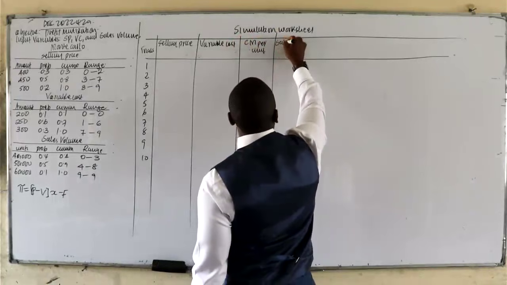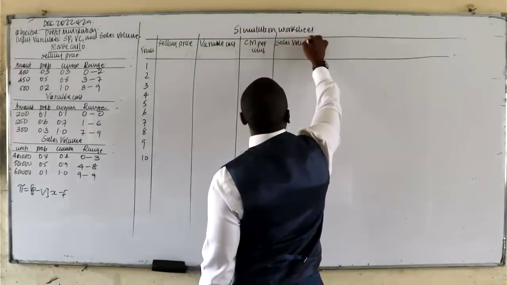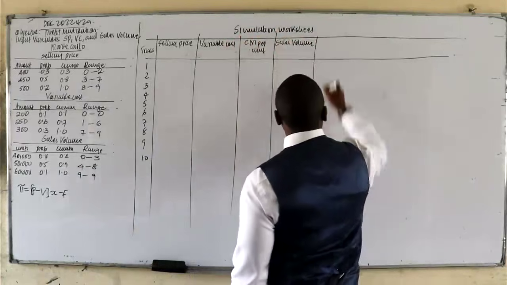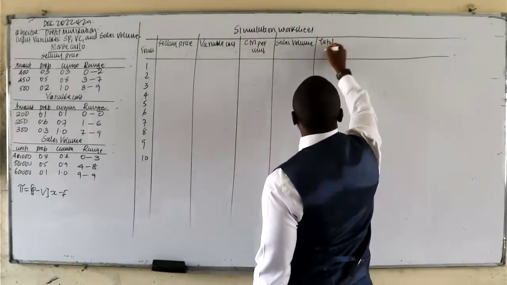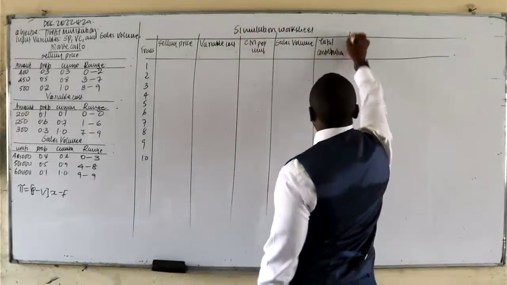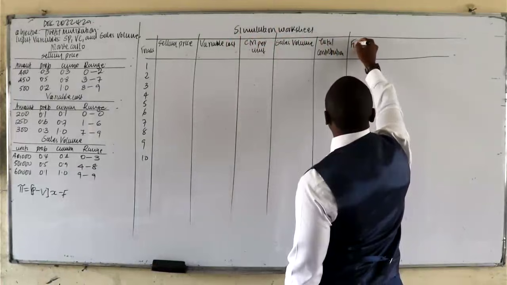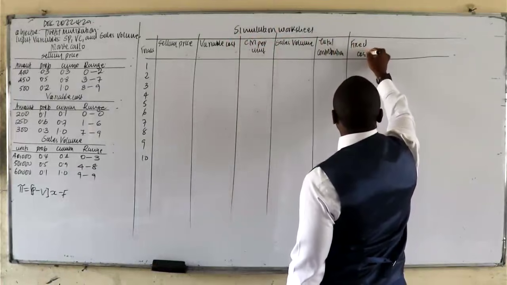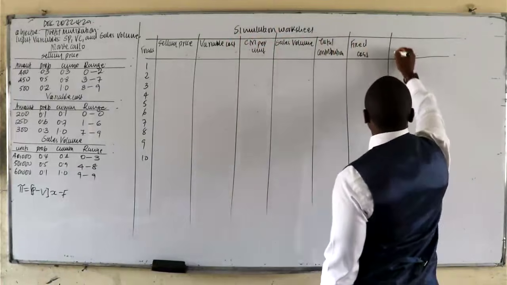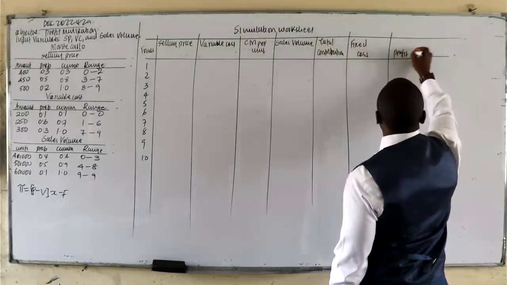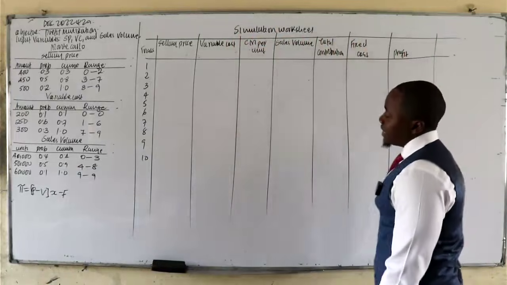So we have the sales volume, and that's how we get our total contribution. And then you deduct the fixed cost. That's how we attain our objective by getting the profit.